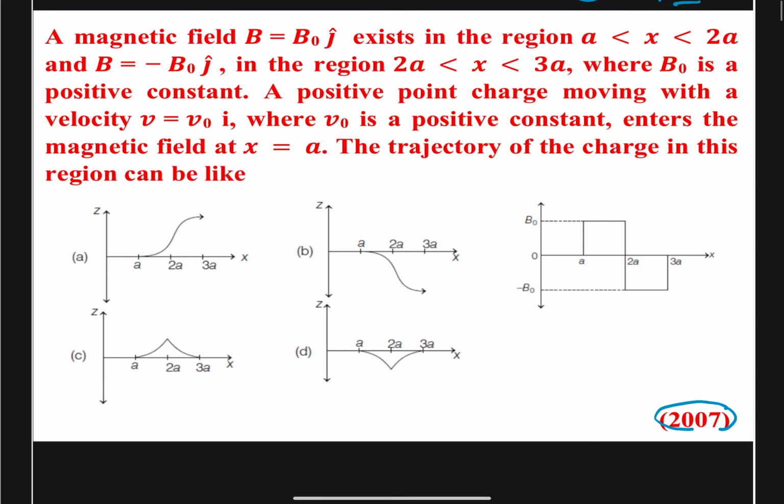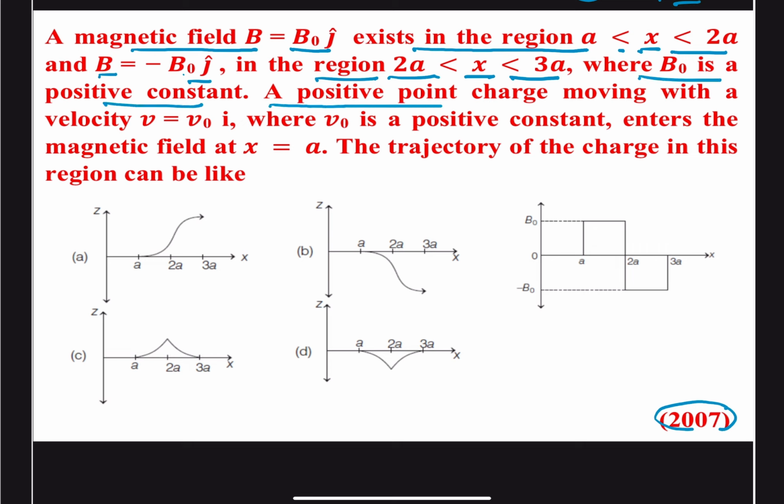is given as: a magnetic field B naught j unit vector exists in the region x greater than a but less than 2a, and the magnetic field B which is given as minus B naught j exists in the region x greater than 2a but less than 3a, where B naught is a positive constant.